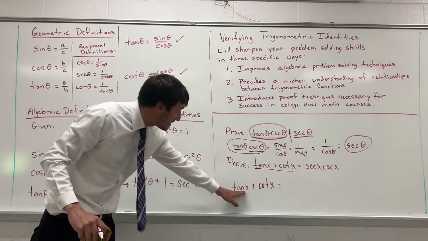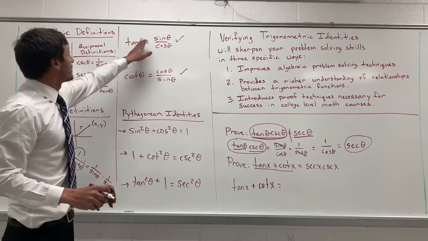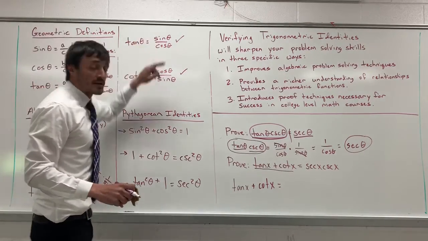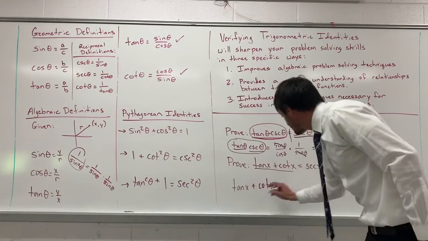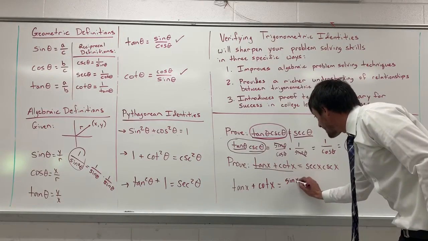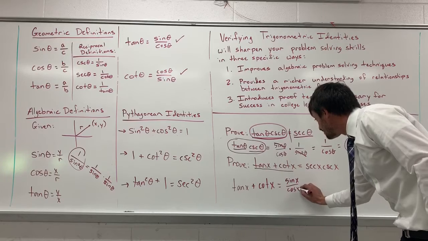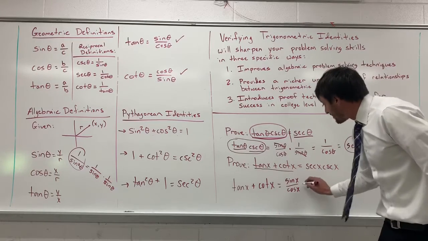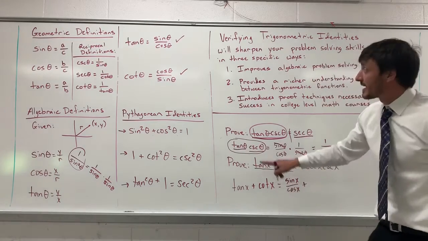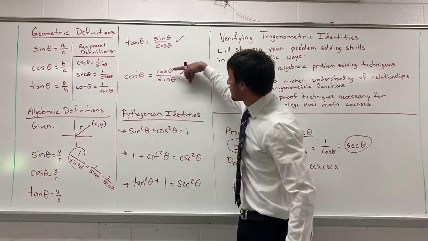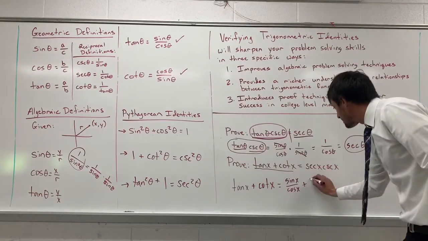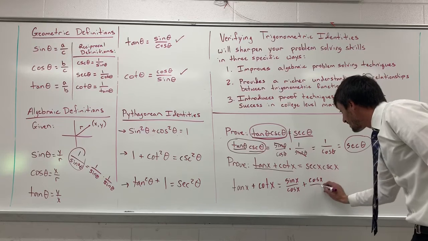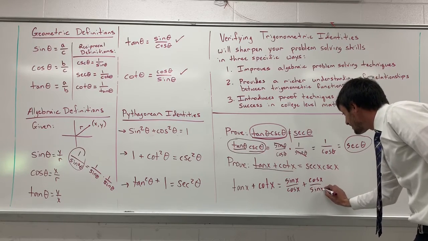So if we have tangent of x, we want to convert that to sine over cosine. So what we're going to have here is tangent of x is going to be what? The sine of x over the cosine of x. And we have added to that the cotangent of x. Converting that into a sine cosine form is going to be the cosine of x over the sine of x.